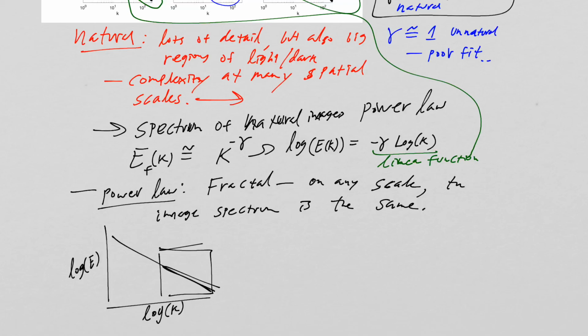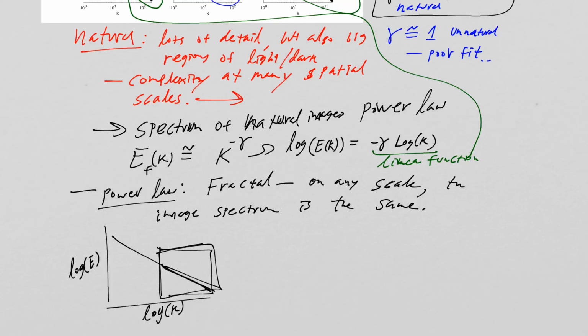So again, by throwing away and just looking at a subset of the image, you're effectively just looking at the higher frequency components. And what you find there, of course, is that it doesn't matter.